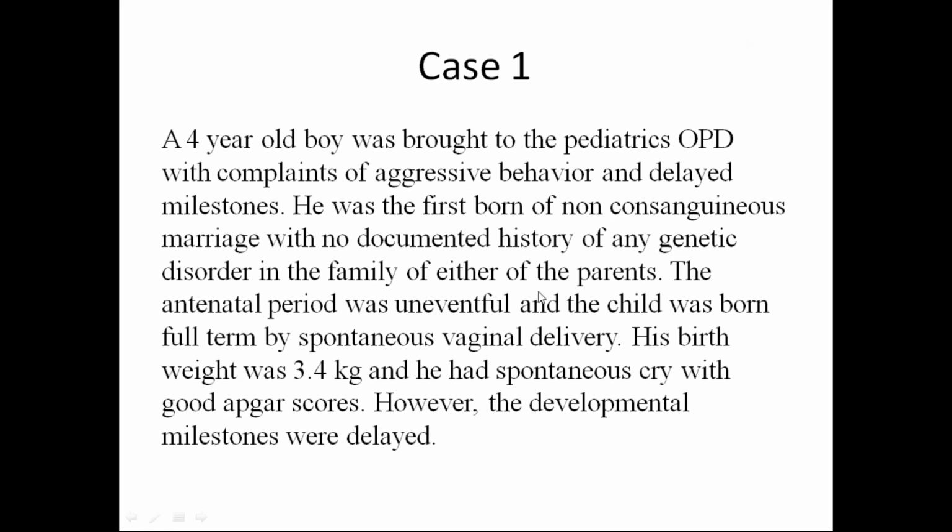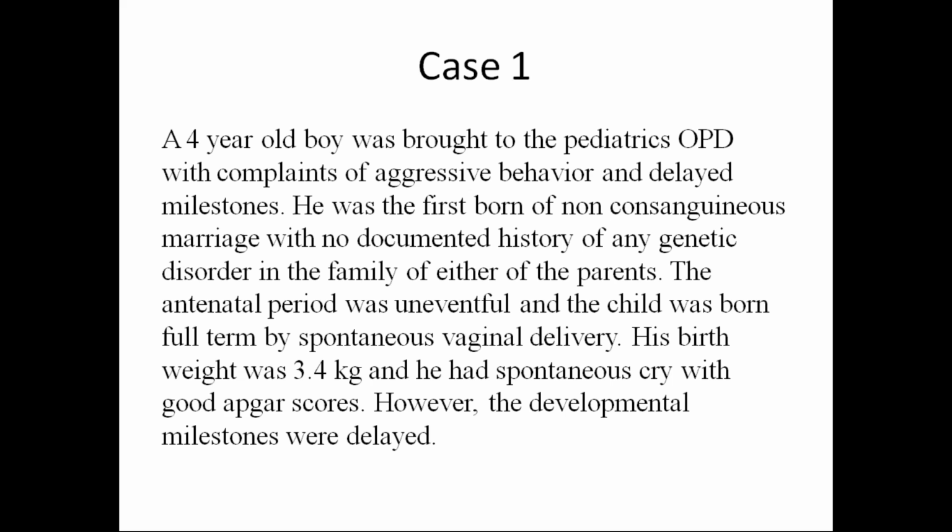Here, I think this Apgar score word is new to you. It is a score given to the newborn to check the well-being of the newborn, to determine whether resuscitation is required or not. It comprises 5 components: color, heart rate, reflexes, muscle tone, and respiration.